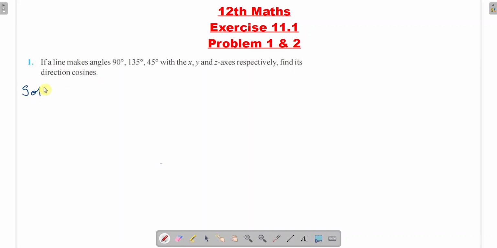So solution, we have to take a line with this condition which is given to us.